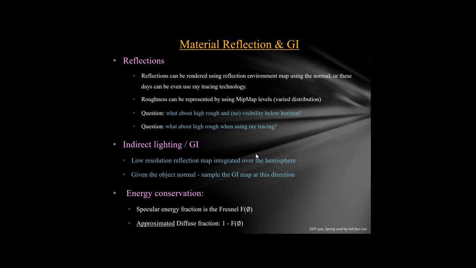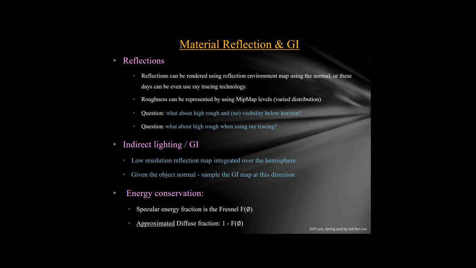What do we do about high roughness when we get to the GI? So this is a good question, because when we get to the GI component, high roughness will be a high lobe, or wide angle lobe, when it comes to the reflection one. And so what we can do if we're using an environment map is use a lower MIP map.